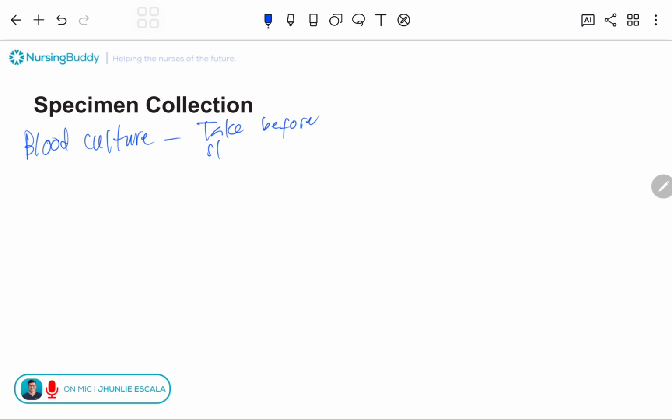Before starting antibiotics. Tandaan po natin iyan. So, of course, we must take the blood of the patient before starting antibiotics because it may already alter. So, tandaan po natin yan.